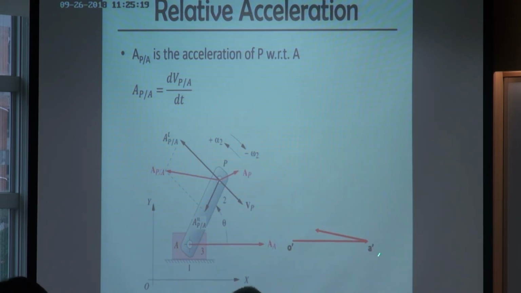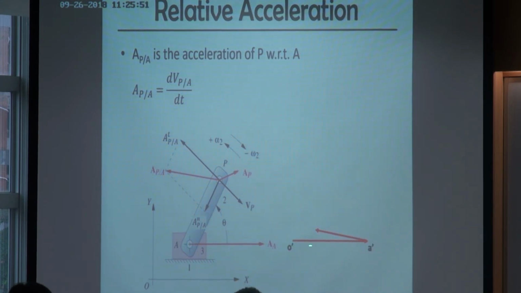So in this acceleration diagram or acceleration polygon, very similar to the velocity polygon, we also label the origin O and the point B. But here we want to make it different from the velocity polygon, so we add a small prime. So when you see the prime, it indicates this plot is an acceleration polygon. But otherwise, there's not much difference.